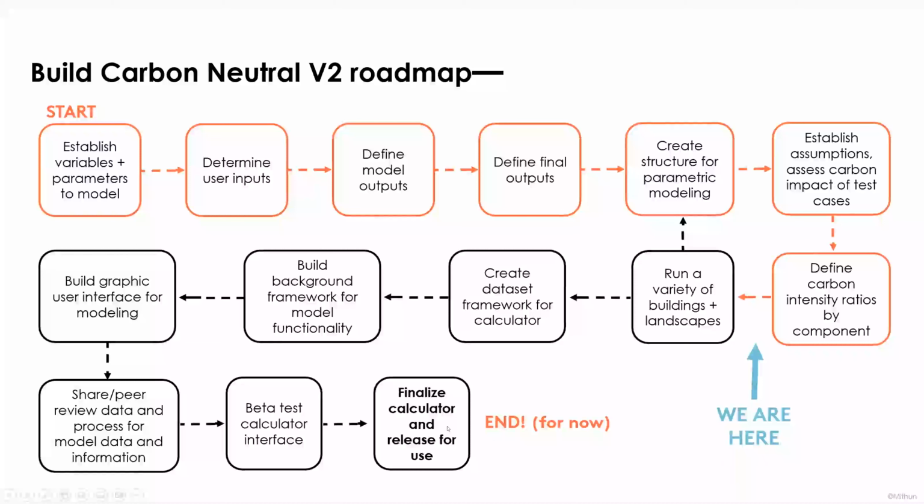And then again, recognizing that we are working on the redevelopment of the original Build Carbon Neutral. In trying to develop this version 2, we've had a lot of discussion about what is included and what might get kicked down the road for a version 3.